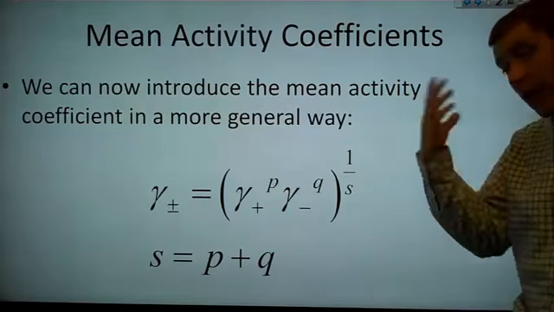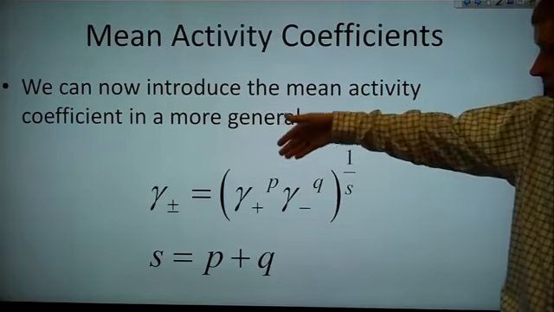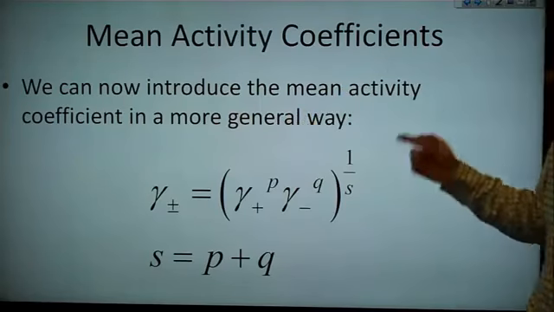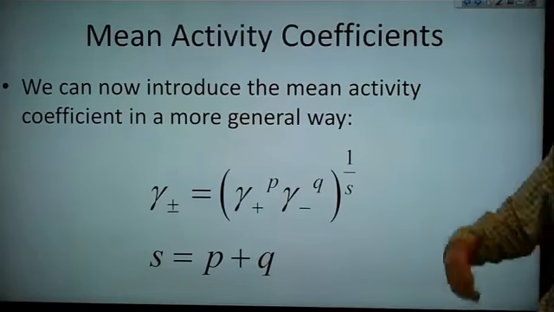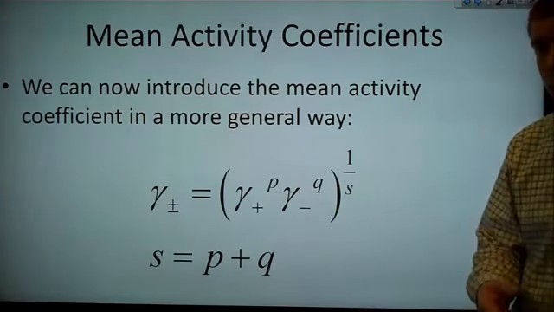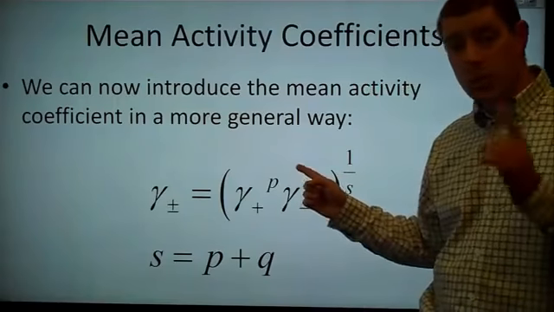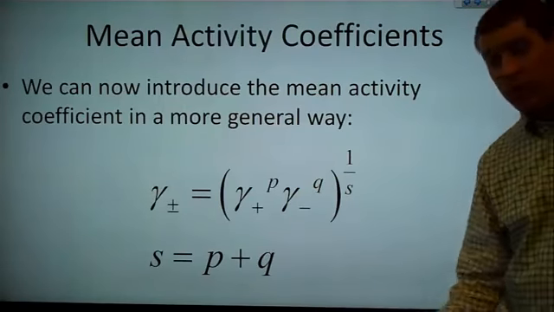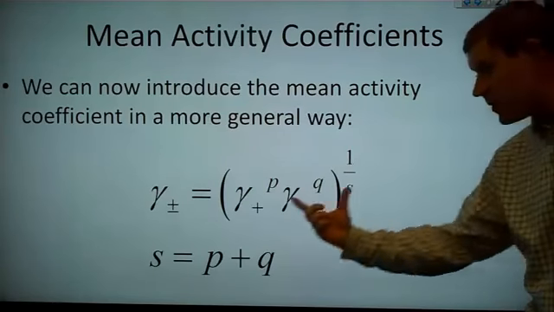In the last case, we had a p of 1 and a q of 1, so each one was to a power of 1, so it wasn't shown. And s was 2, because we had 1 plus 1. That would have been for a case like sodium chloride. But if we have something like magnesium chloride, in that case p is 1 and q is 2, so then s would be 3. So then we're taking the cube root of this product here.